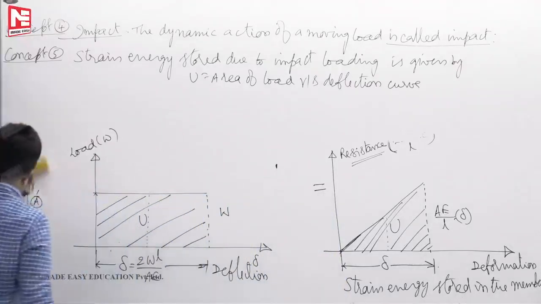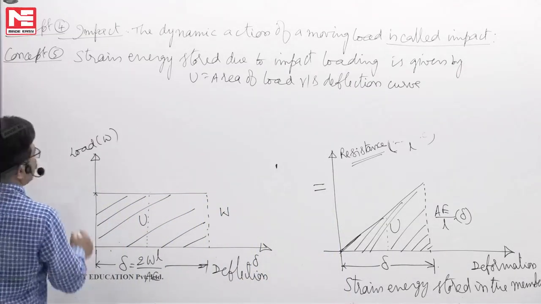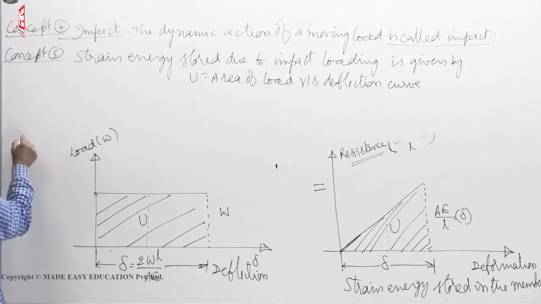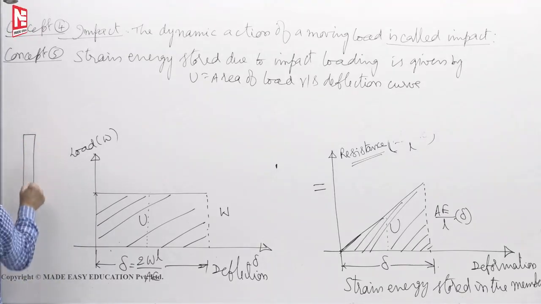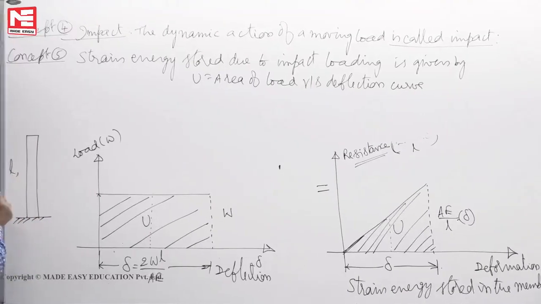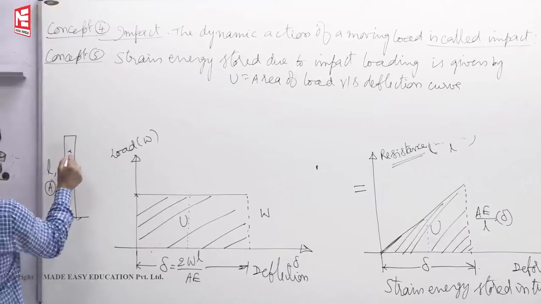Now in this case, we take a case like this. The length of the member is L, cross sectional area A.